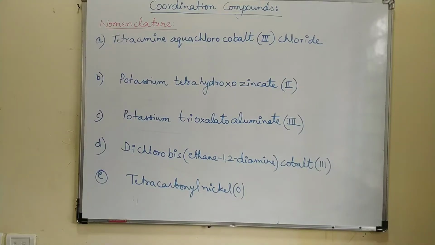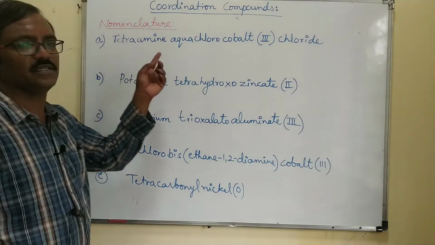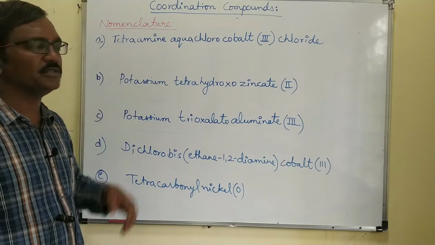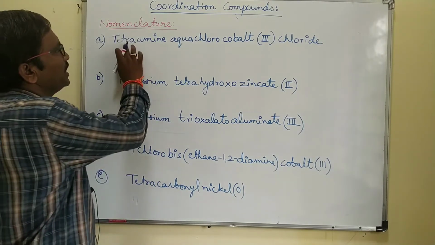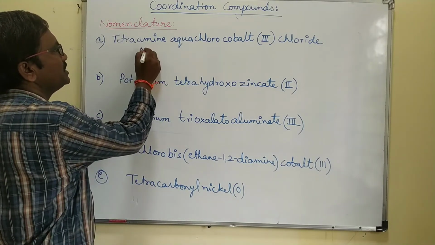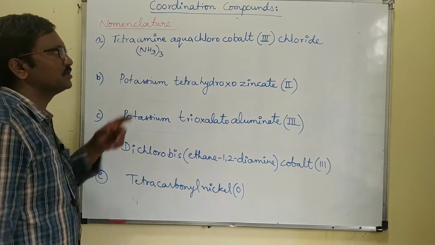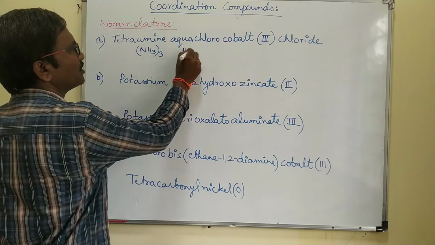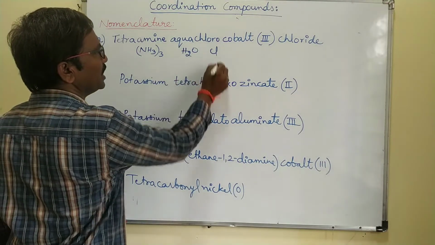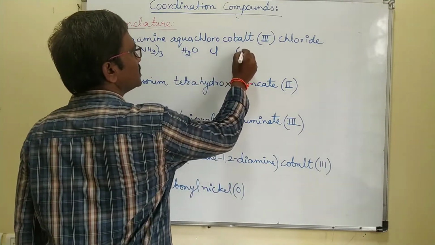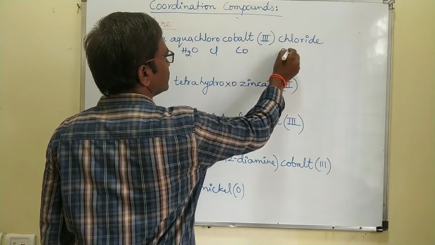So then the next one is converting name to structure. Tetraammine means NH3 taken 4 times. Aqua, water. Chloro, Cl. Cobalt, Co. Chloride, Cl.